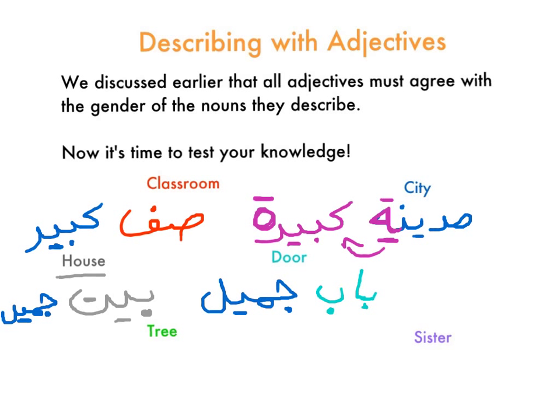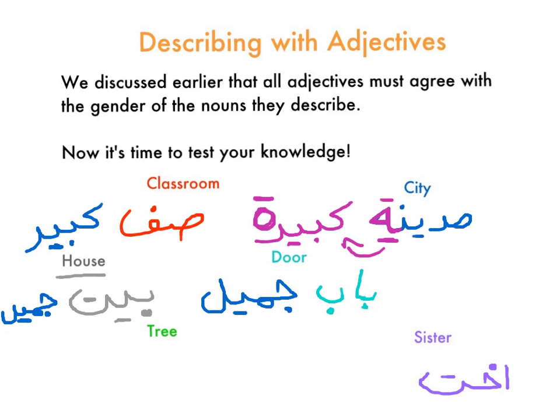Now we have the word ukht, which means sister. For the word ukht, we use a feminine adjective because ukht, sister, doesn't have ta marbuta, but still it is inherently feminine. Because my sister is a girl.